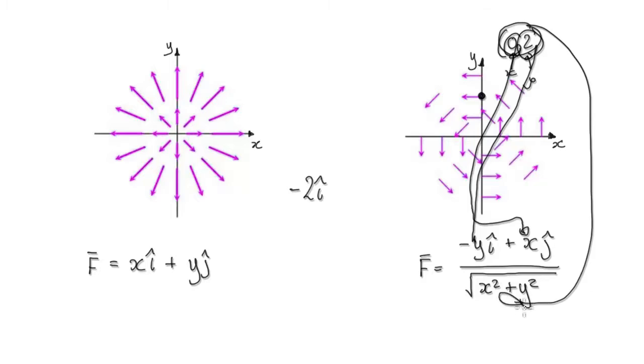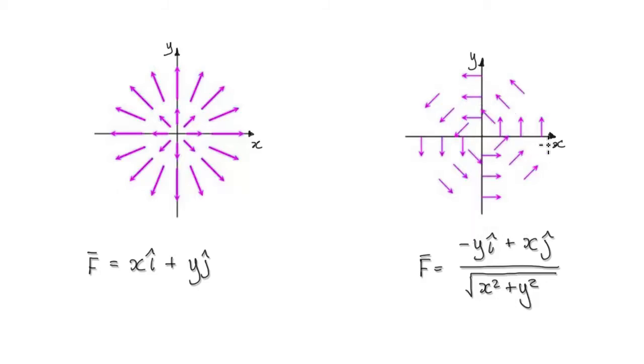So you're going to get 2 squared and then square root it, so you're going to get 2. So overall you're going to get minus i hat. If you're here, you're going to have this vector here.